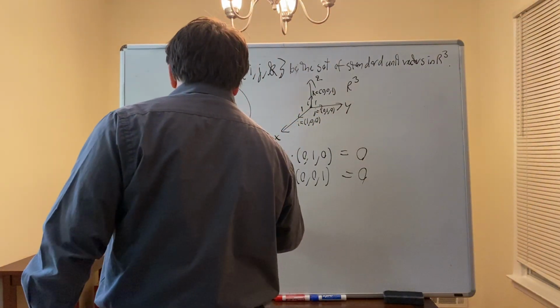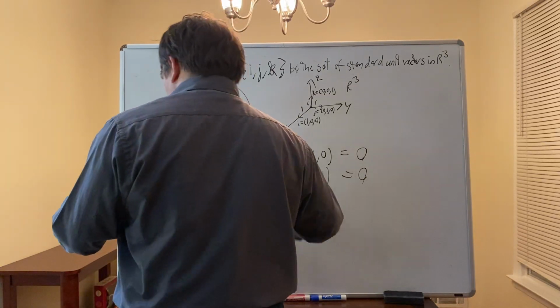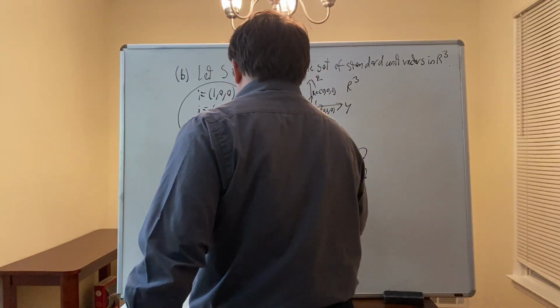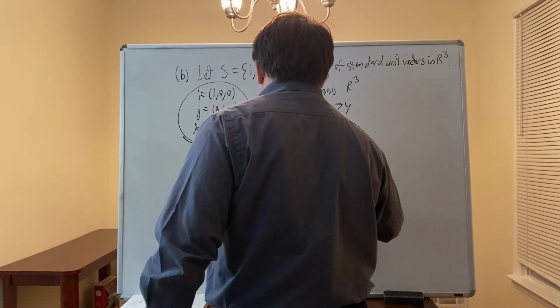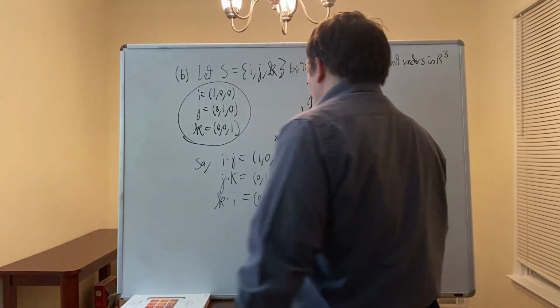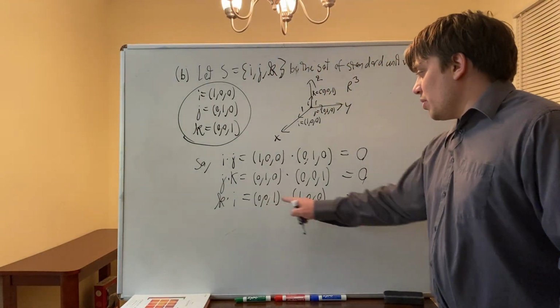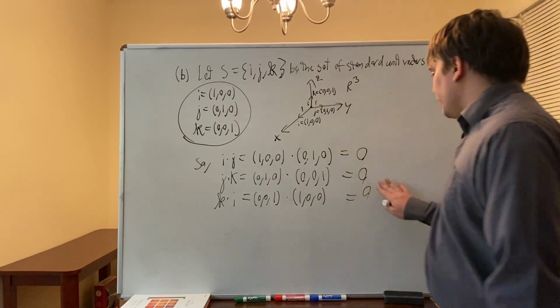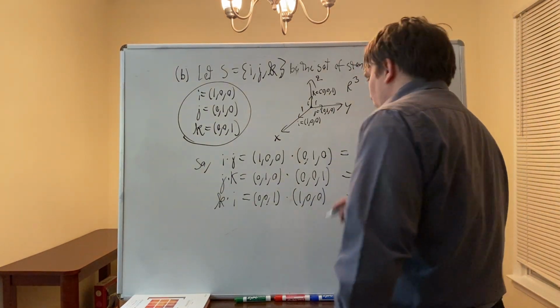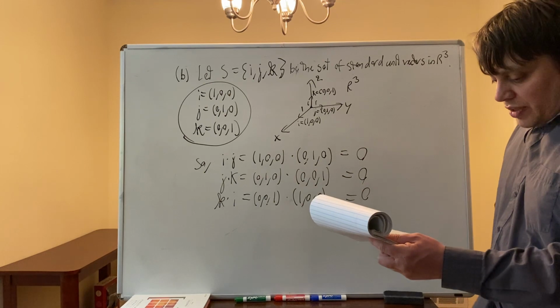And then k dot i is equal to (0, 0, 1) dotted with (1, 0, 0). 0 times 1 is 0, plus 0, plus 0, you get 0. Okay? And so now we have the dot products here.